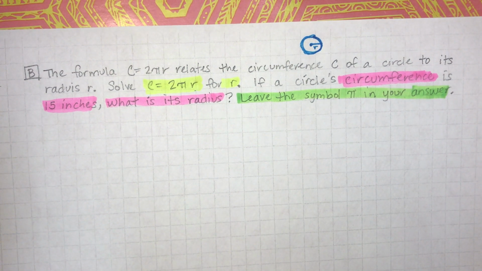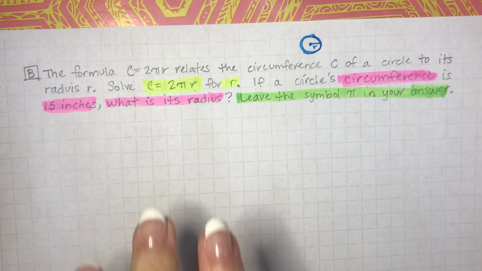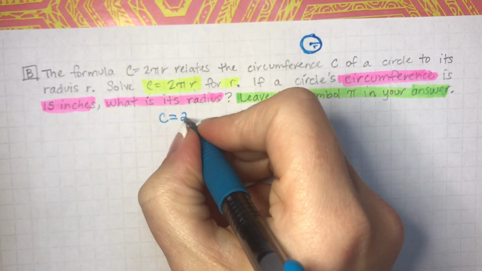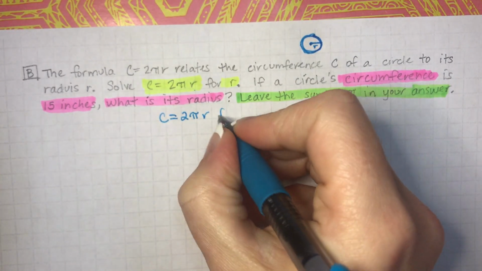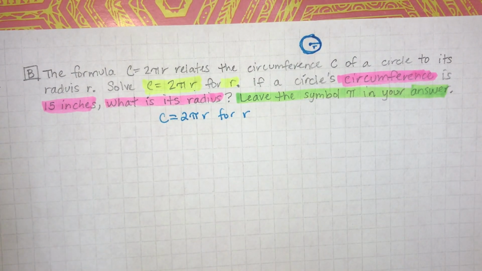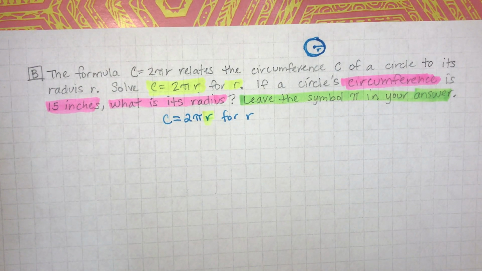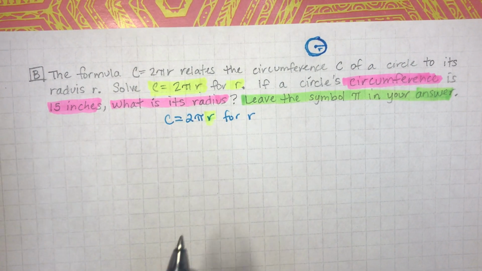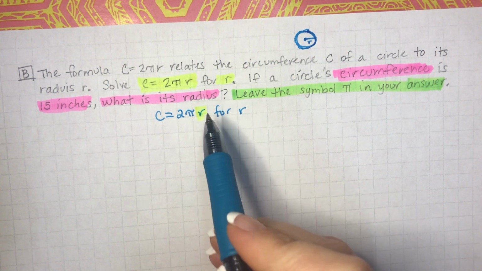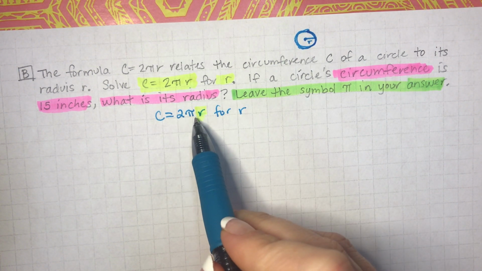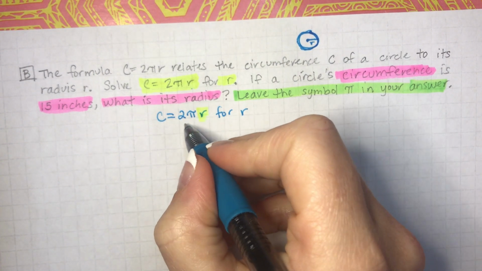Okay, great. Let's go ahead and get started. The first thing, C equals 2 pi r. I'm going to rewrite that, C equals 2 pi r, and we're going to solve it for r. That means we're going to get r by itself. So what's around r? Well, we have 2 pi. And how is that related to r? Through multiplication. So we're going to do the inverse operation of multiplication, which is division.